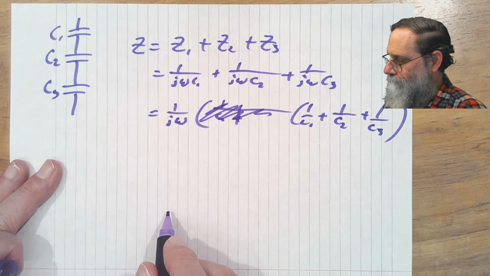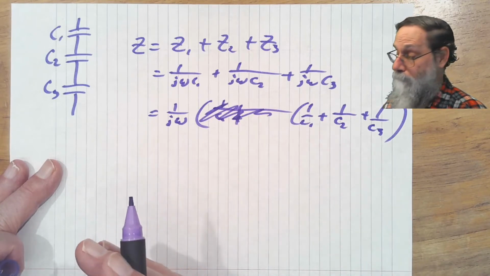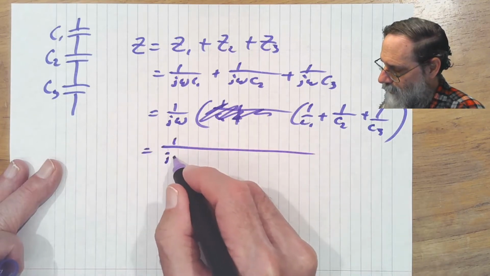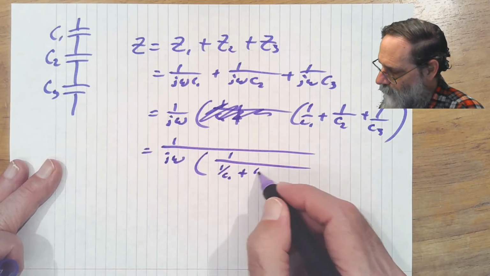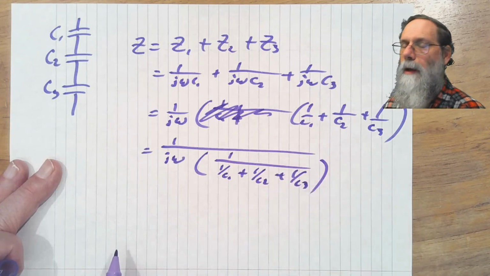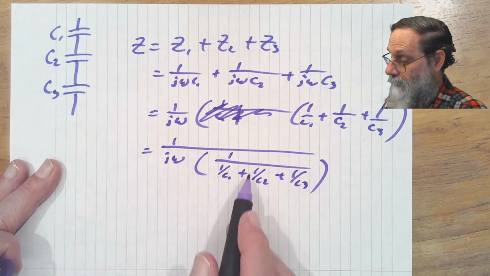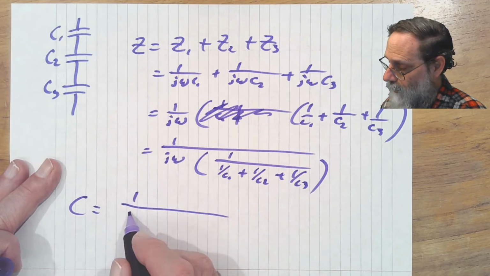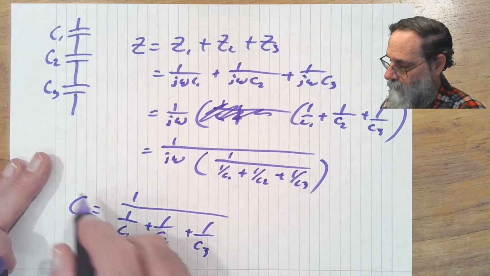All right, that's not quite in the form of a capacitor. But if we rewrite it just a little bit as 1 over j omega times 1 over (1 over C1 plus 1 over C2 plus 1 over C3), now it looks just like the impedance of a capacitor, and the capacitance is 1 over (1 over C1 plus 1 over C2 plus 1 over C3).